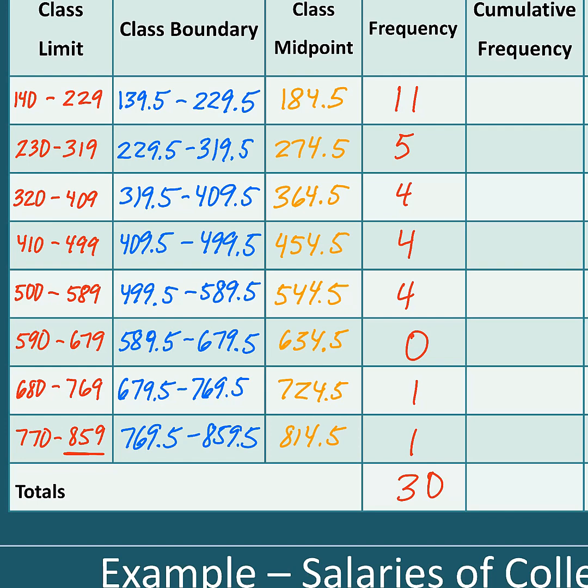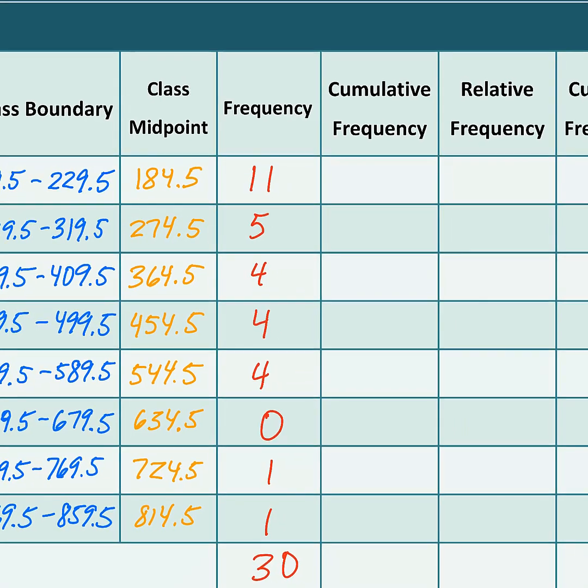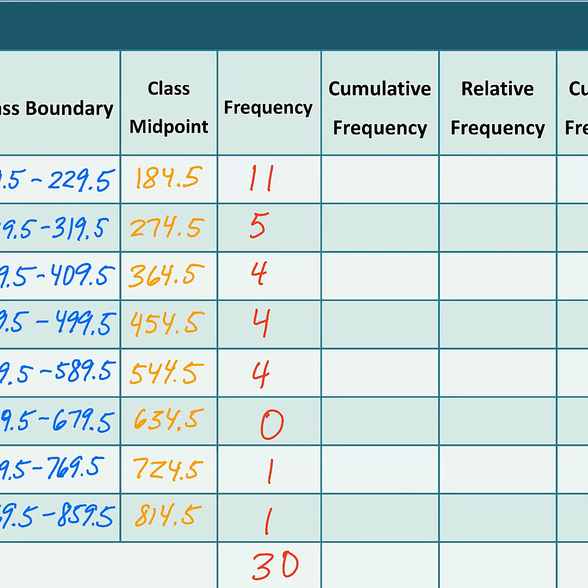Next on the list is my cumulative frequency. And all that simply does is it takes the frequencies from the previous column and adds them up as we progress. What I mean is, in the first class limit, we simply remain at 11 coaches. In the next cumulative frequency, we end up with coaches that actually not only receive at least 140,000, but also earn up to 319,000.